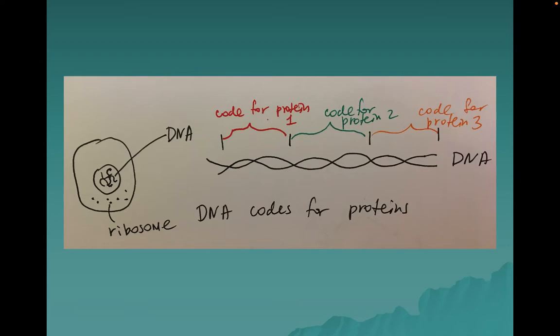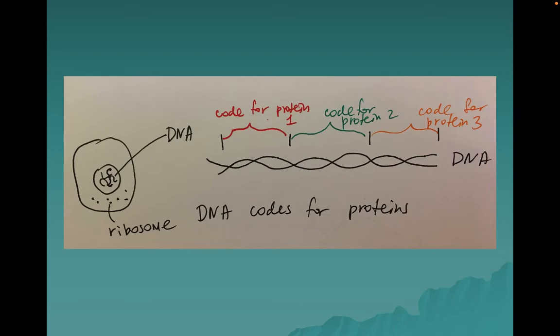Another good analogy, and a lot of books use this analogy, is to imagine DNA as a recipe book. So you have each page for a particular recipe, which you can follow and assemble that dish, right?